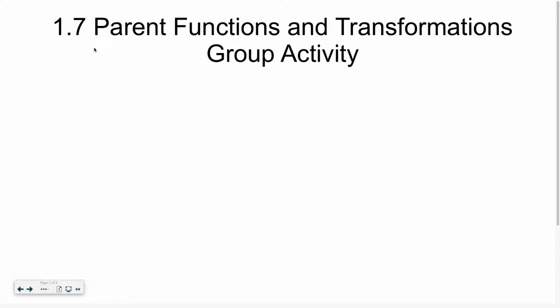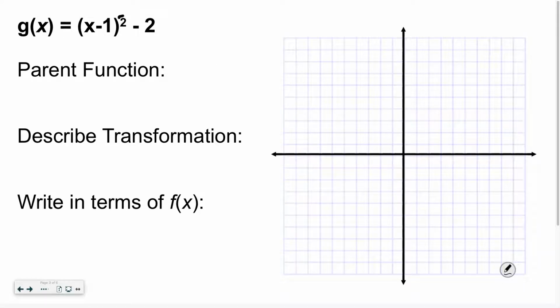So I know that we could make an XY chart and plug in values and get a graph. That's not what I want. I want us to be able to graph in a matter of seconds. Okay, so if we have our parent functions in our head, we can understand our transformations, our graphs come very quickly. Okay?